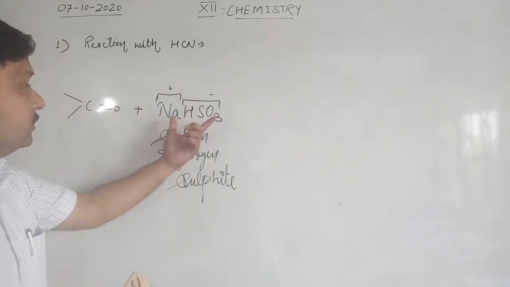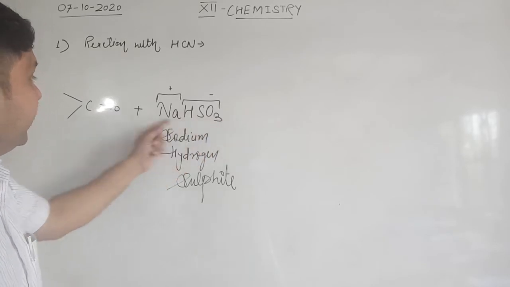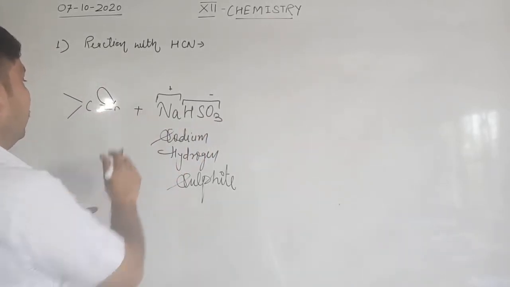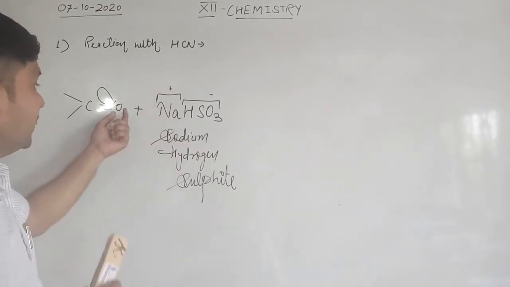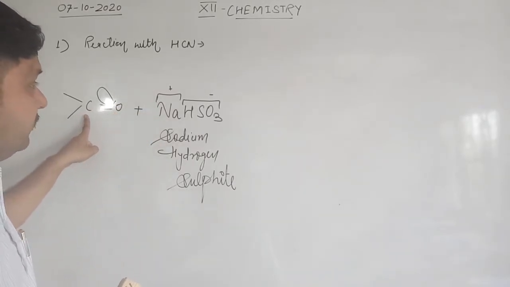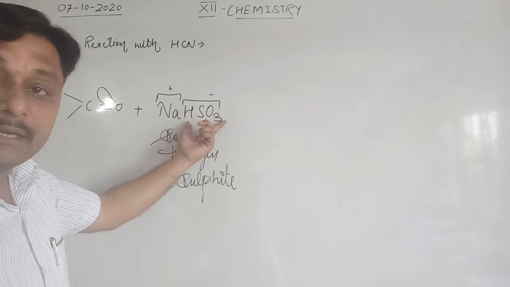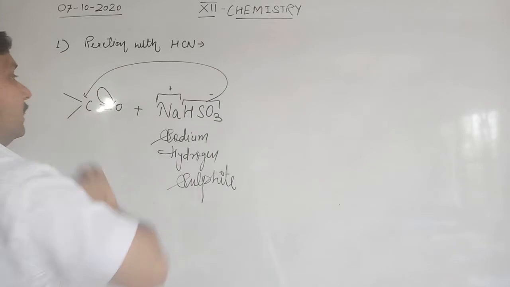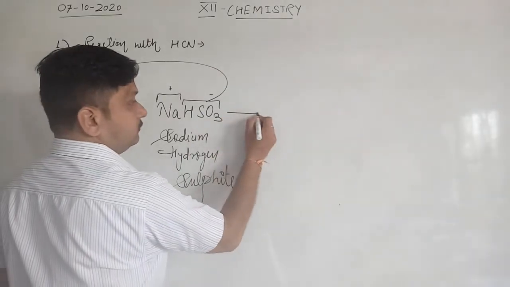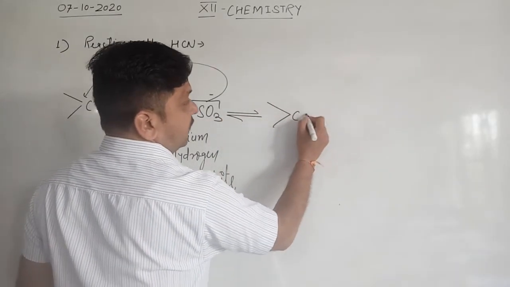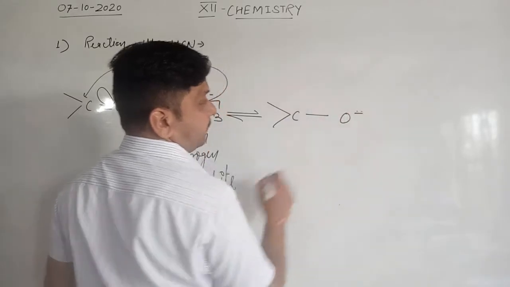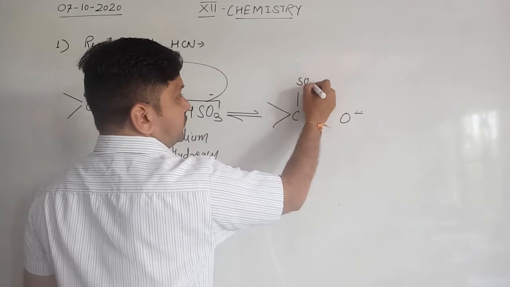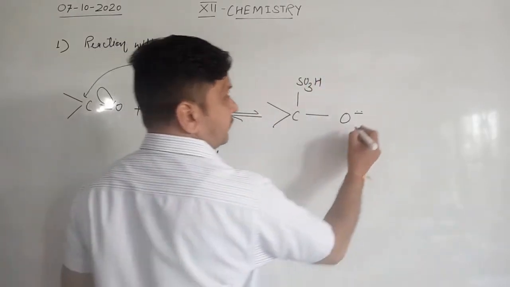Clear? So this nucleophile, meaning NaHSO3, will attack this carbon atom. Okay? So when this oxygen is converted into a negatively charged part, this carbon gets positively charged, and HSO3, which behaves as a nucleophile, will attack this carbon atom. So the carbonyl easily accepts SO3H. Clear?